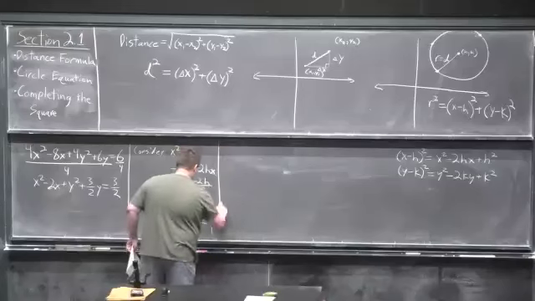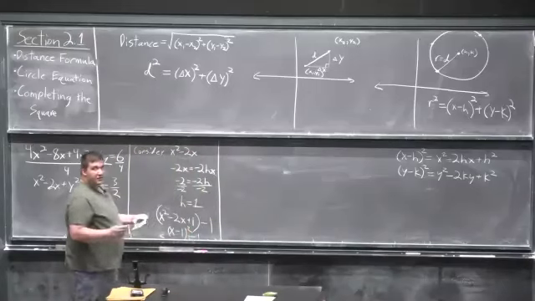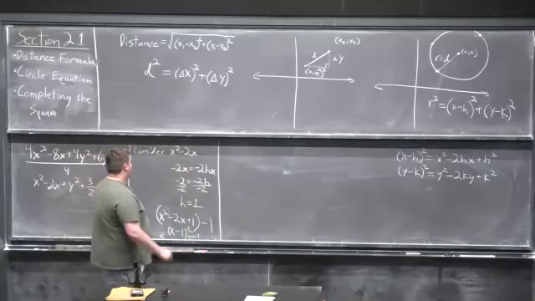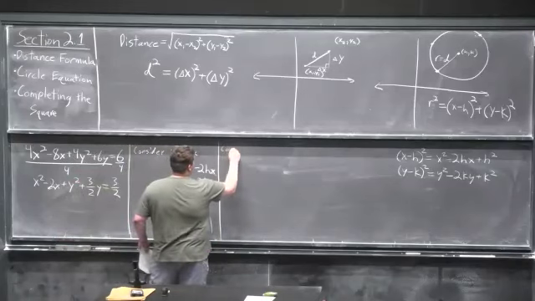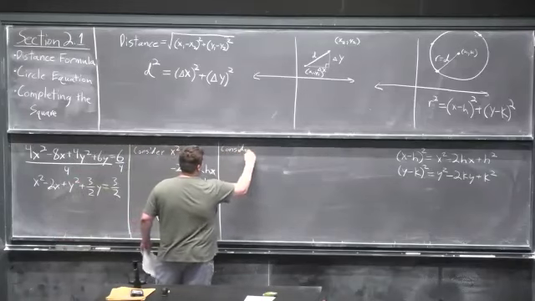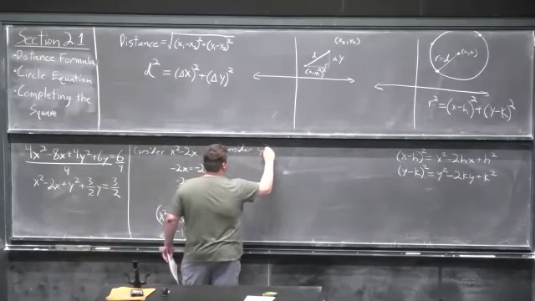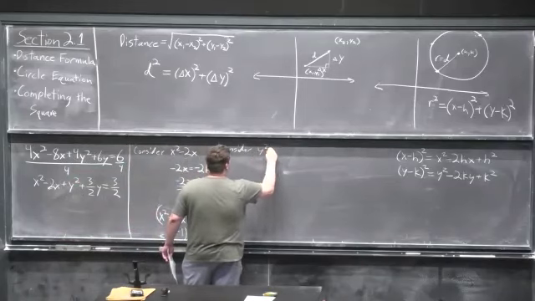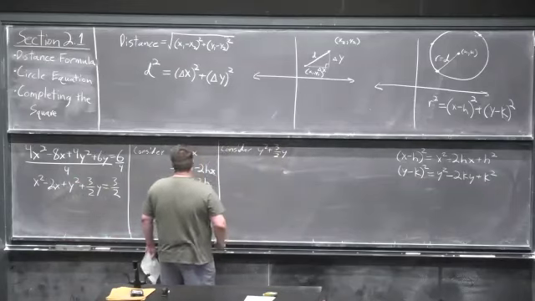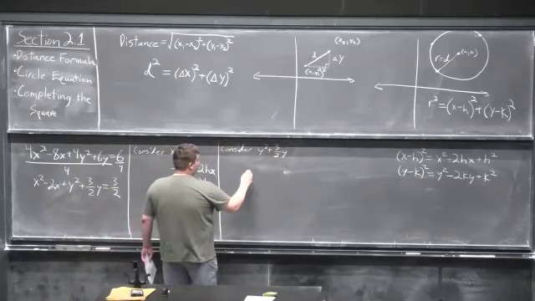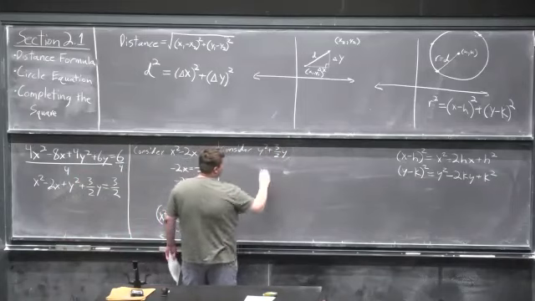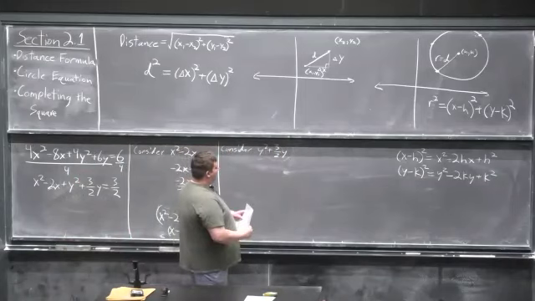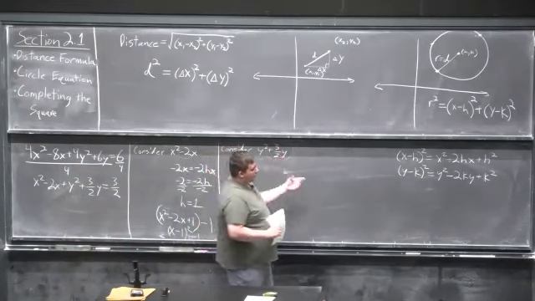So now next one, I'm going to do the same thing with the y's. So we're going to consider y squared plus 3/2 y. Well, again, we're going to try and compare this term.